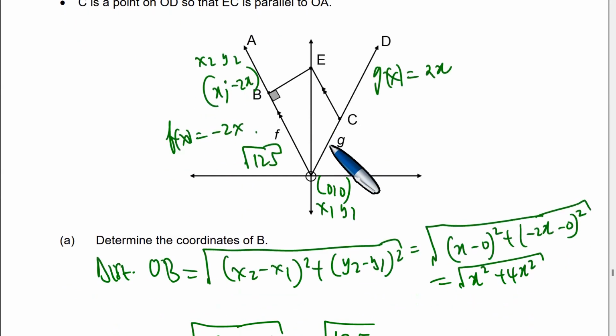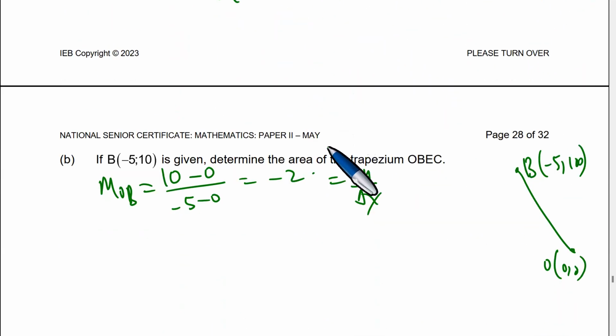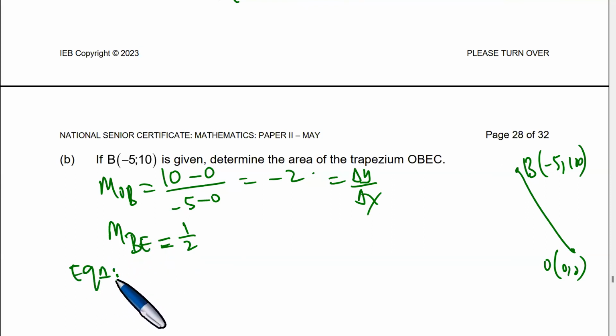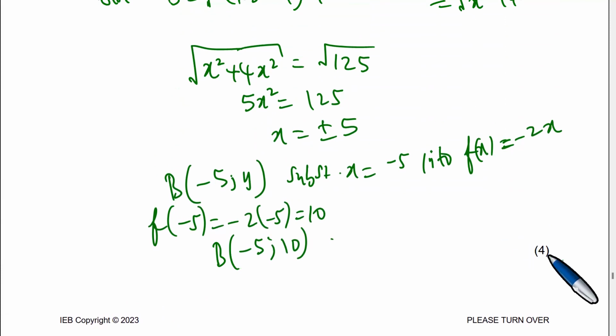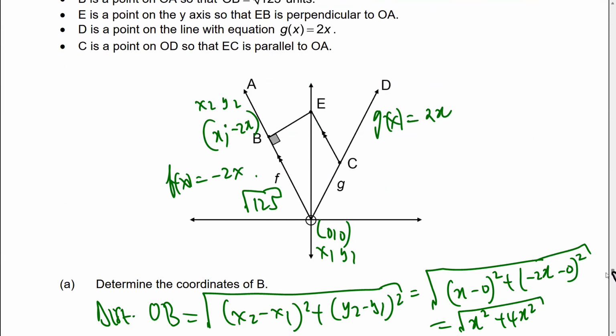What is the gradient of BE? Because OB and BE are perpendicular, the gradient of BE is 1/2.